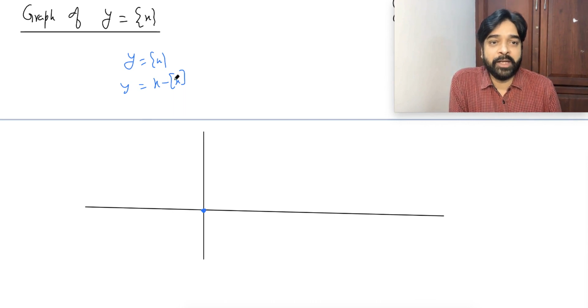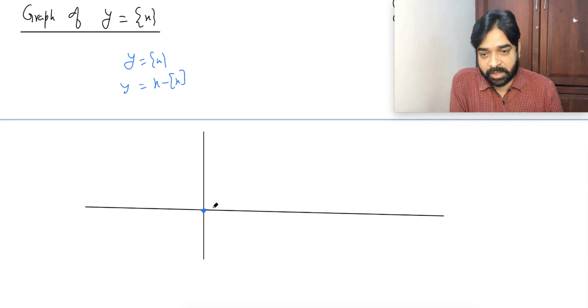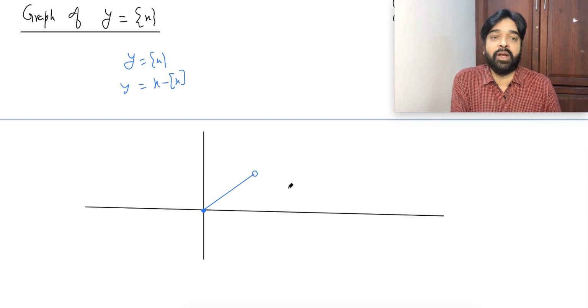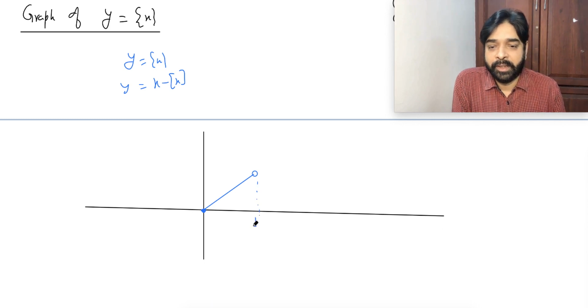When x is 0.2, same, because this value will always be 0. So till when is it 0? Till 1. So till 1, which graph will you draw? y equal to x. At 1, not y equal to x. This point everybody understood? Till 1.